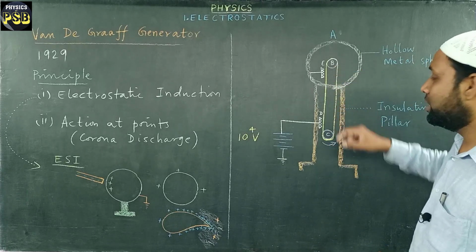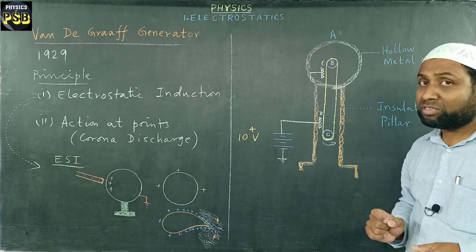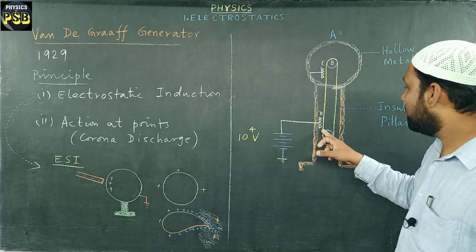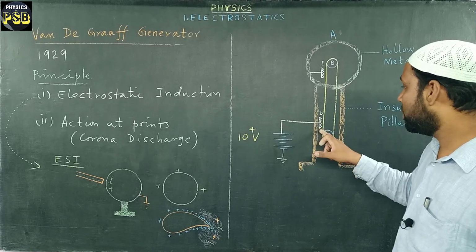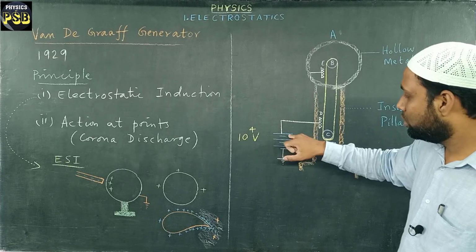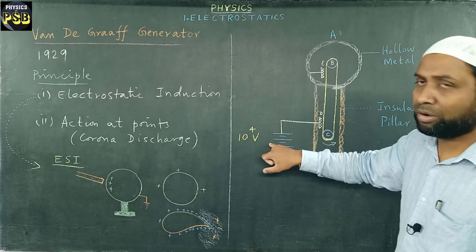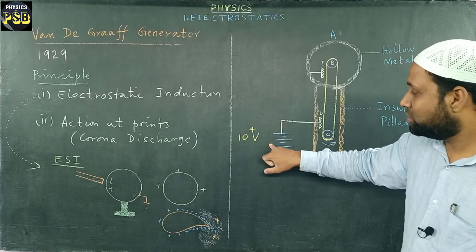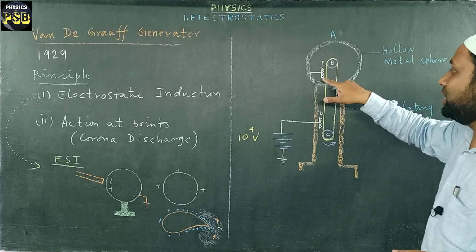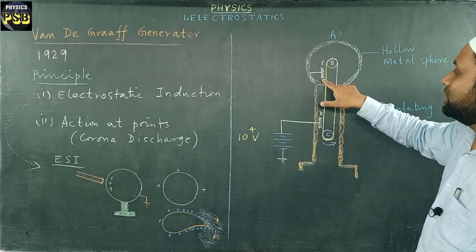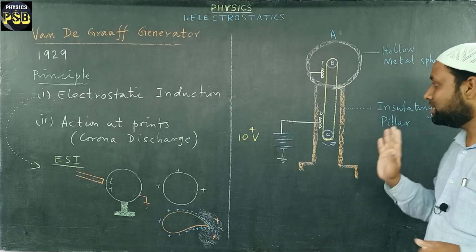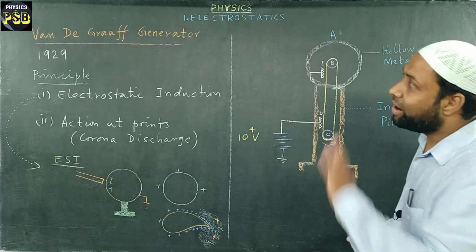Over these two pulleys, a belt made of some insulating material runs, and beside the belt you will find Metalcone D connected to the positive terminal of a high tension battery, which provides a voltage of the range of 10 power 4 volt, and Metalcone E is connected to the inner surface of the hollow metal sphere. This is the construction of a Van de Graaff generator.